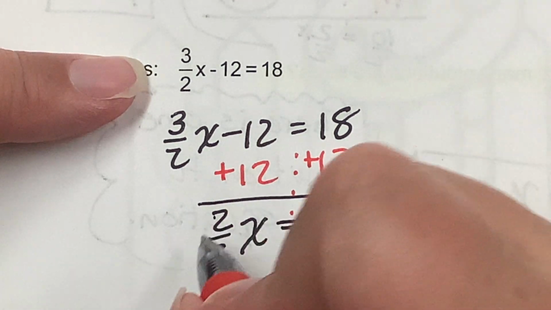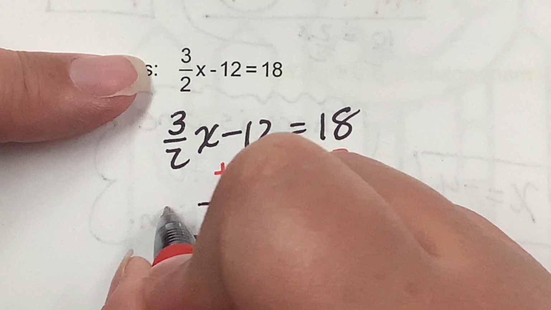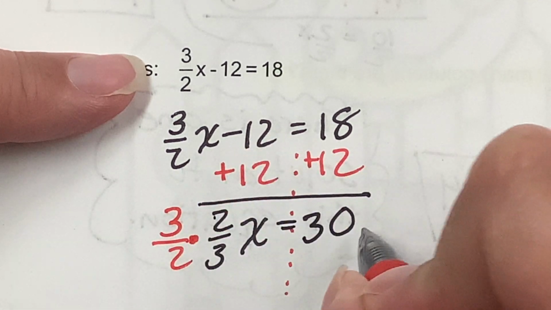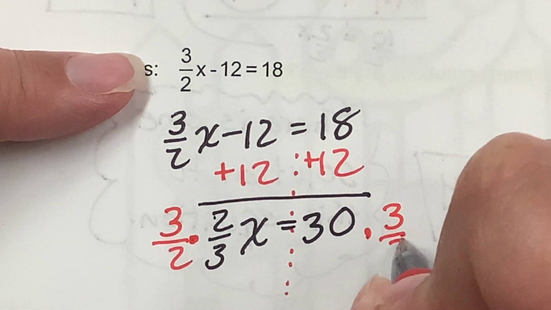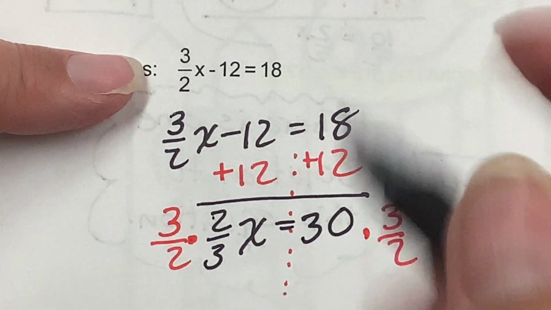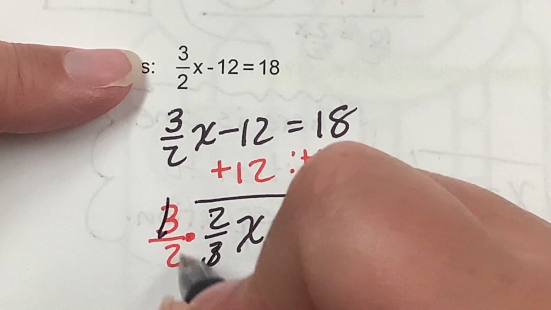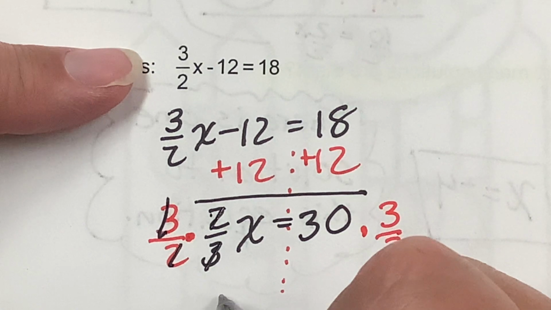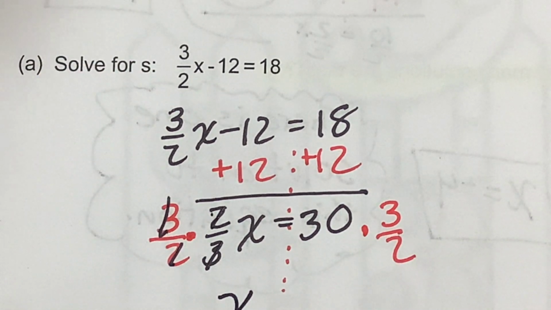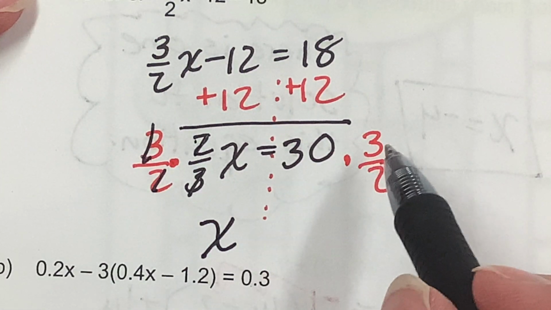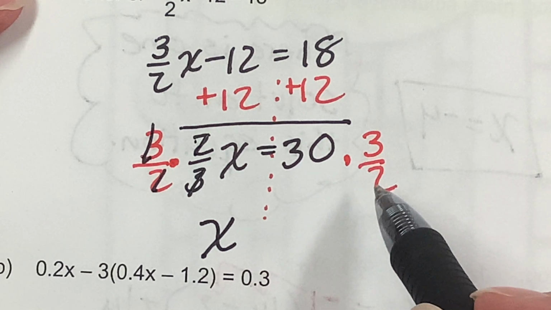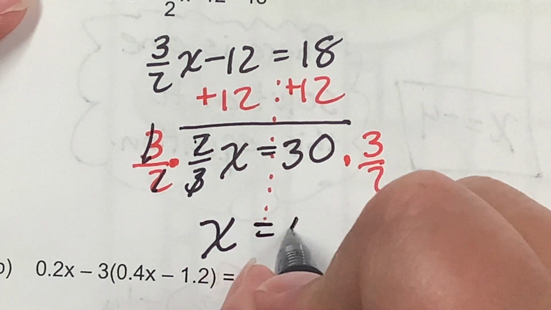Now, I'm going to multiply times the inverse. 3 over 2 times 3 over 2. Crisscross applesauce, 3 and 3 cancel, 2 and 2 cancel, and x comes down here by itself. Now, 3 times 30 is 90, divided by 2 is 45.